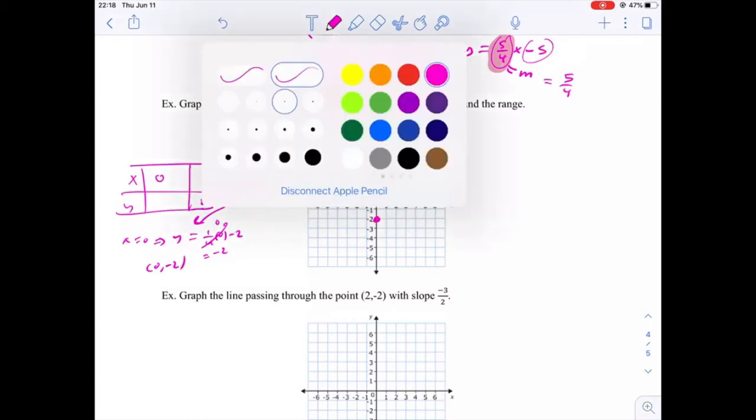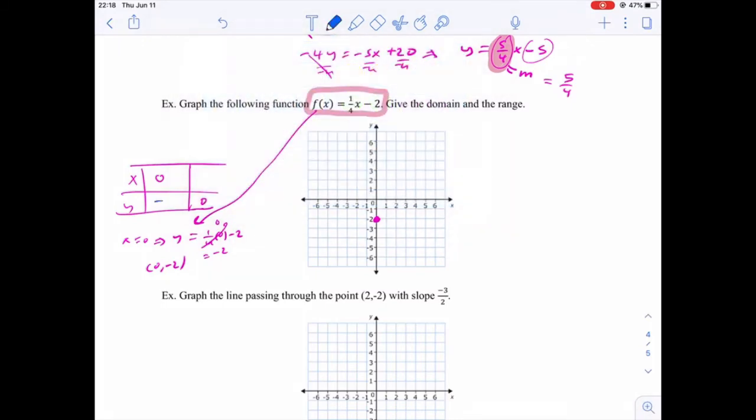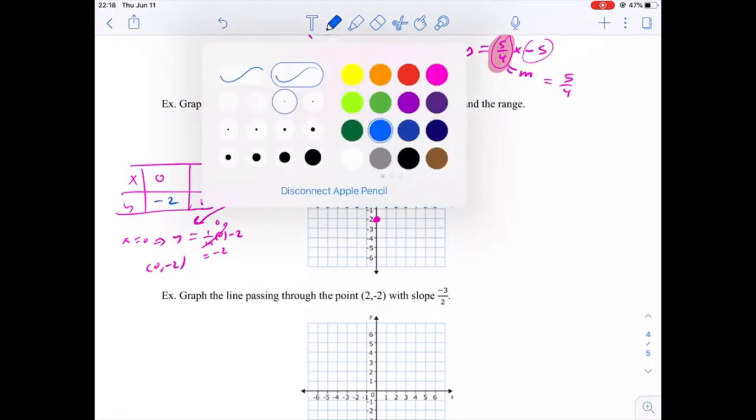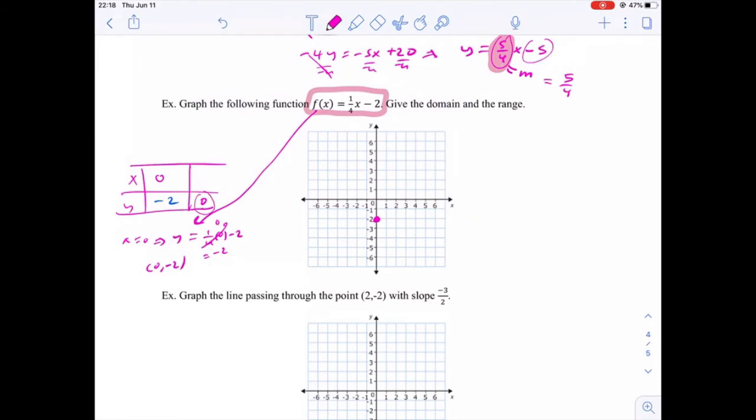And then we have y equals 0. When y equals 0, y is f of x, so 0 equals 1/4 x minus 2. And then we solve for x. So let's add 2 to both sides. You get 2 equals 1/4 x. And then multiply both sides by 4.